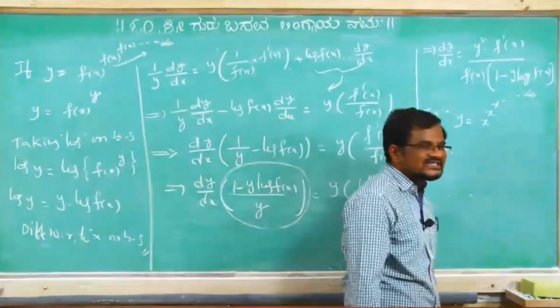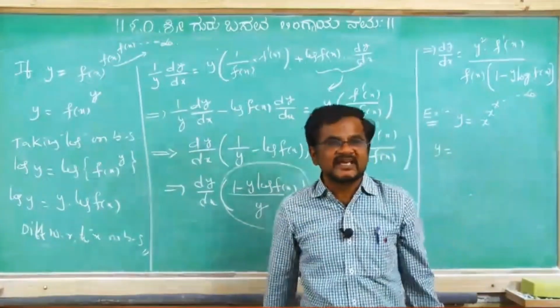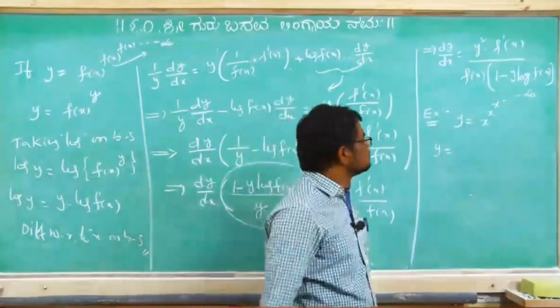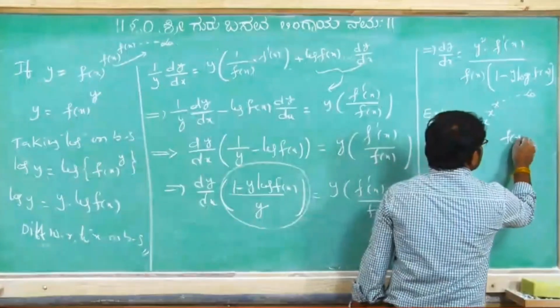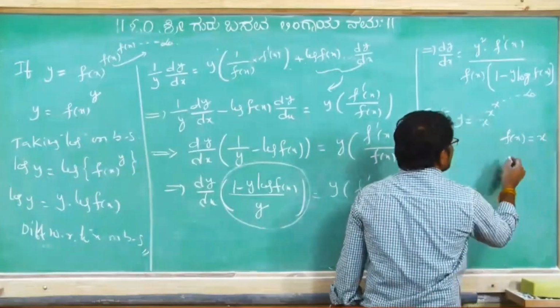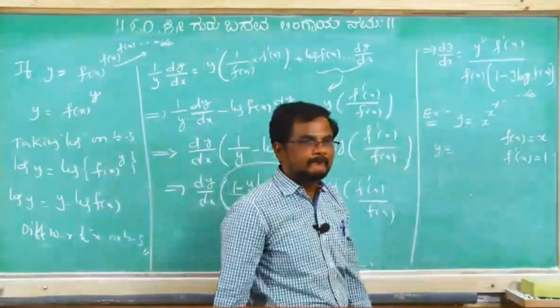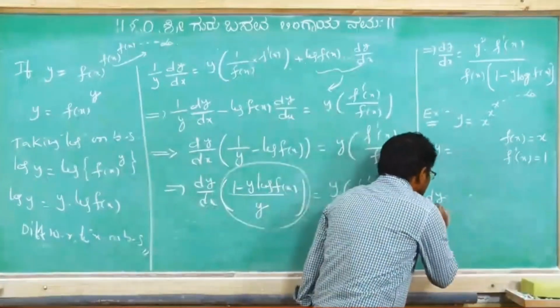What is the f of x? In place of f of x, x is there. f of x equals x. What about f dash x? 1.